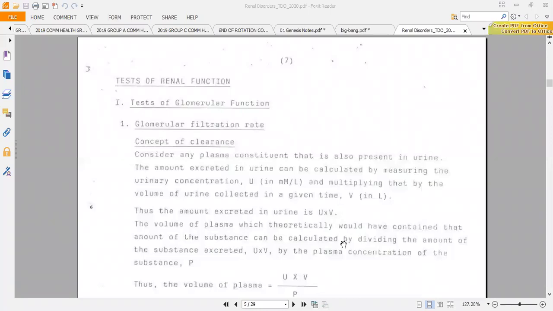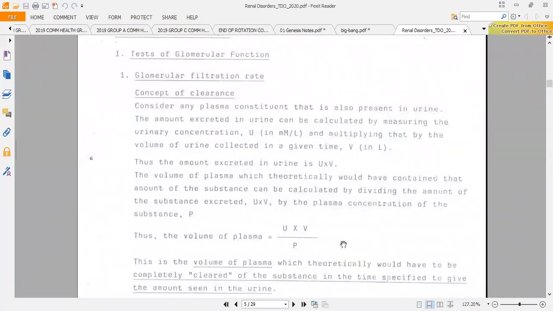Now, the principle is this: the amount of drug you injected into the person must be equal to the amount of drug which comes out into the urine. So how do I get the amount of drug?